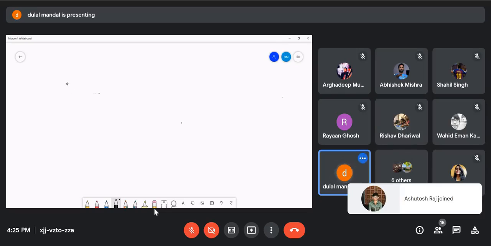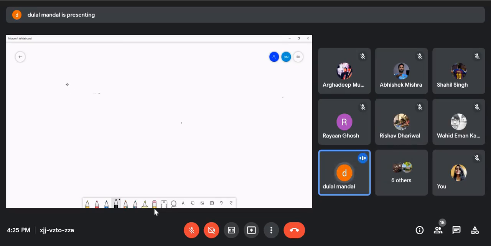Now let me show you how it looks if you cut. Let's say this is a line. This is the end line, so it can be shown. This is a central line.